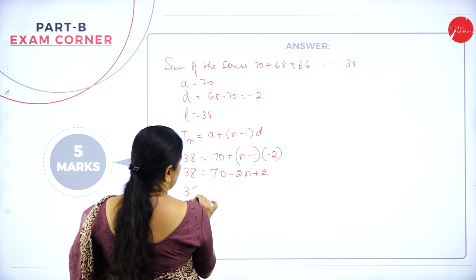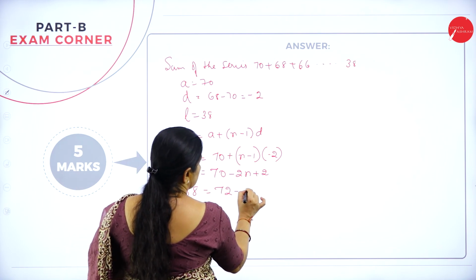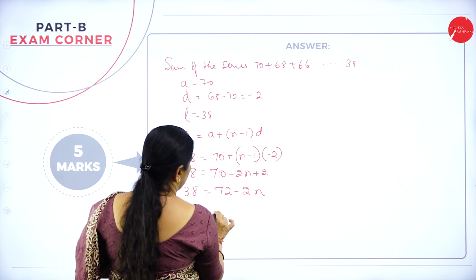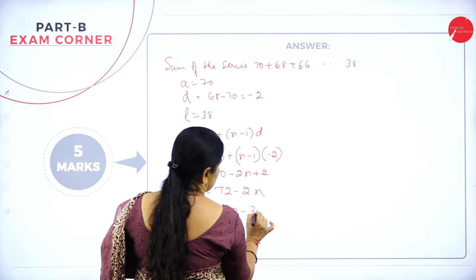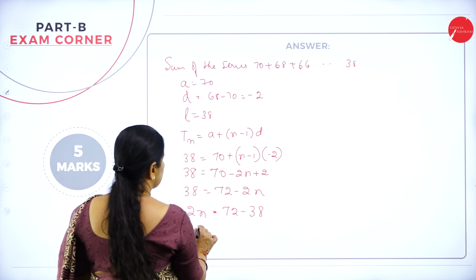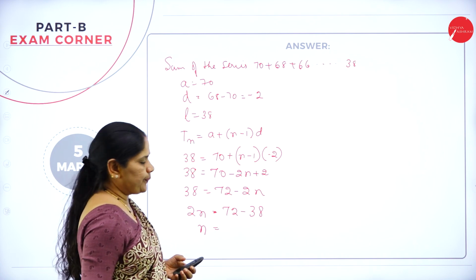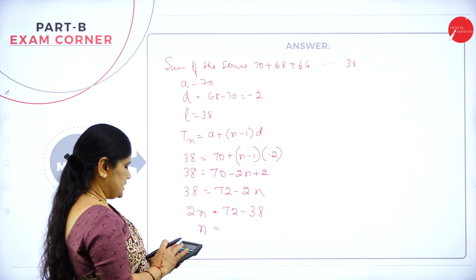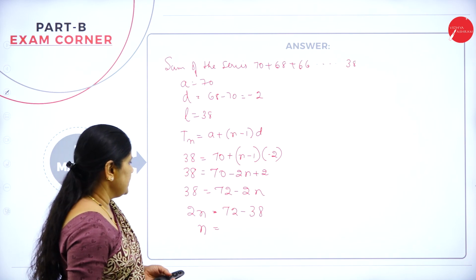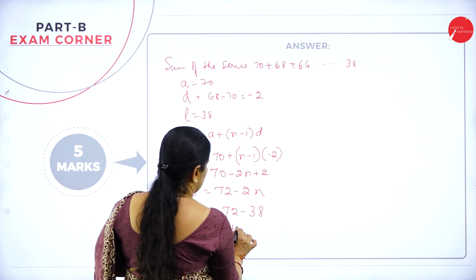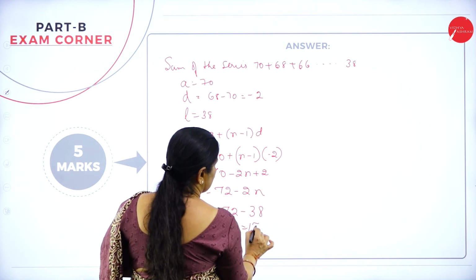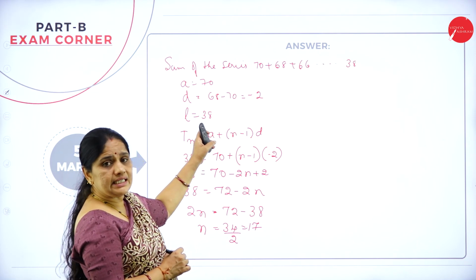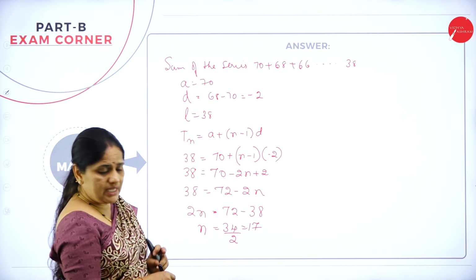So this will be 38 equals 72 minus 2n, or 2n equals 72 minus 38. n will be equal to (72 minus 38) by 2, that is 34 by 2, equal to 17. So we got that 38 is the 17th term of the sequence.